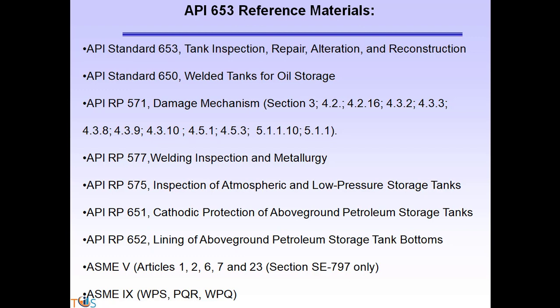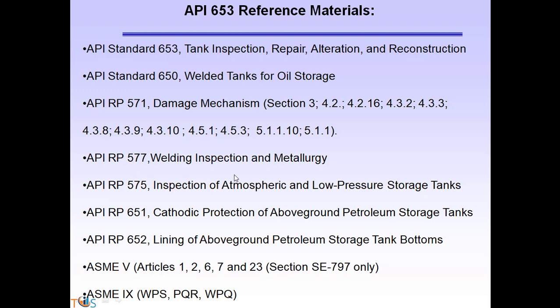API standard 653. So these are the list of the reference materials: tank inspection, repair, alteration and reconstruction. Then you have API 650, welded tanks for storage tanks. Then there is the damage mechanism subsection of it, as you can see in these brackets, API 571.